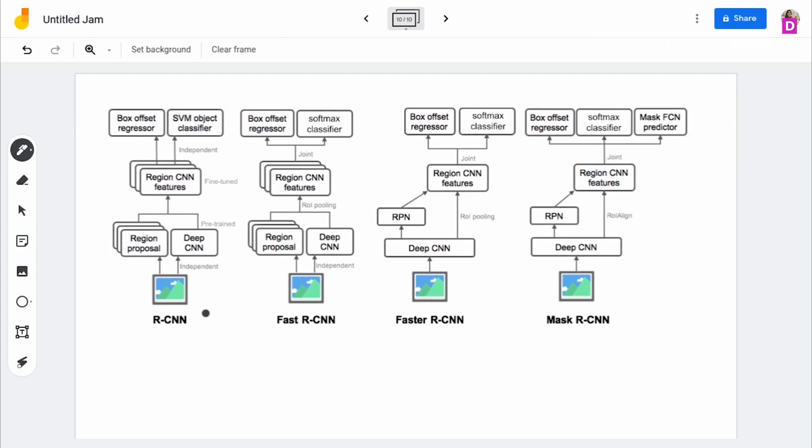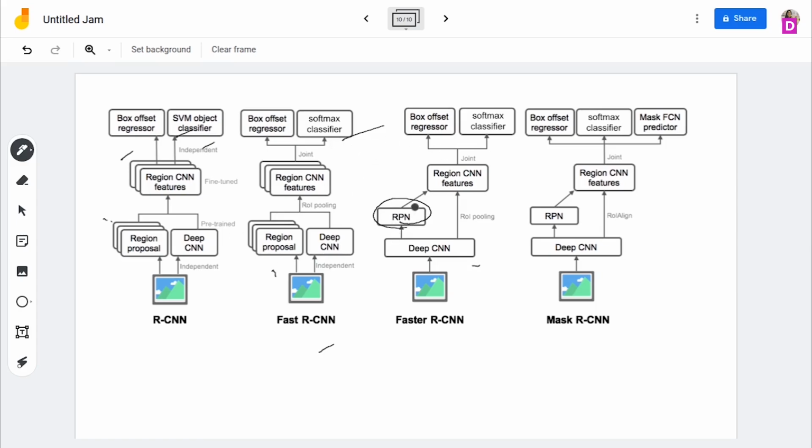So here let us look into the architecture. This was the RCNN architecture. Here your region proposals were done using selective search, and then it gave out box values, regression values, and then an SVM. Then you had Fast RCNN, which did the same thing, but instead of an SVM you had softmax classifiers. Then it was followed by Faster RCNN, where you used RPNs instead of selective search as the region proposal technique.